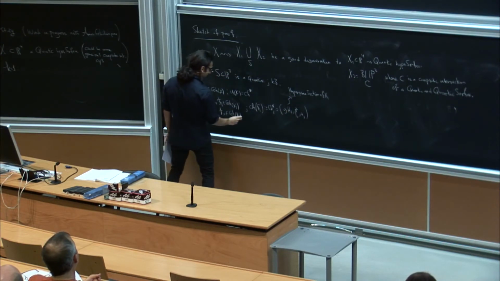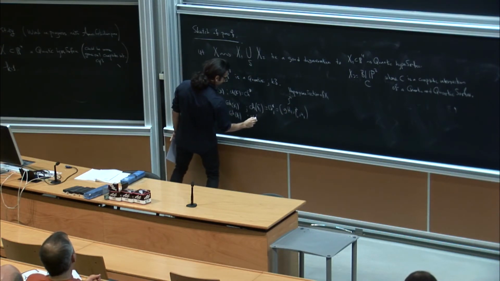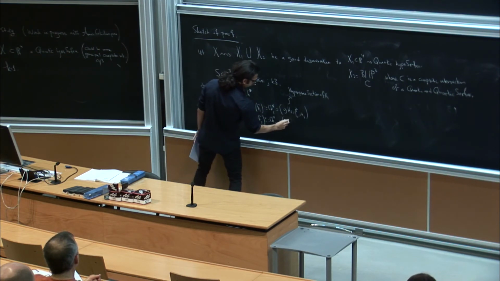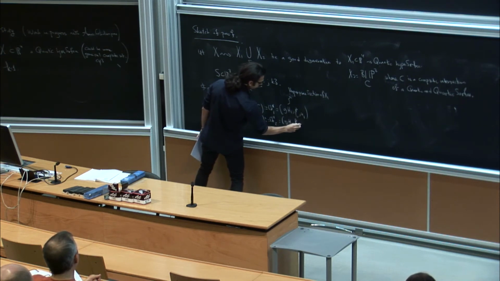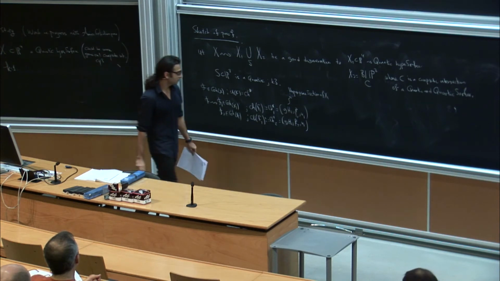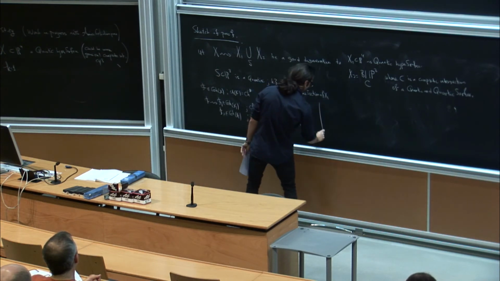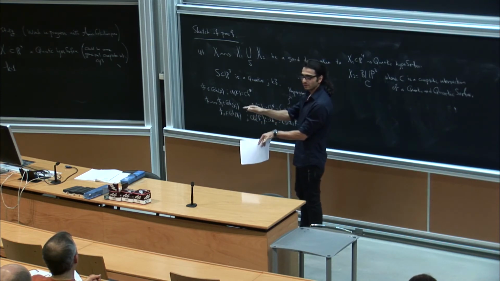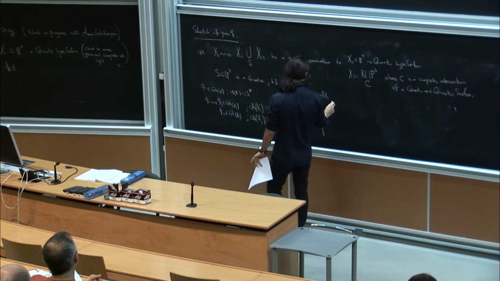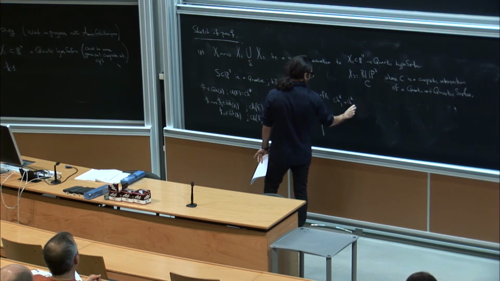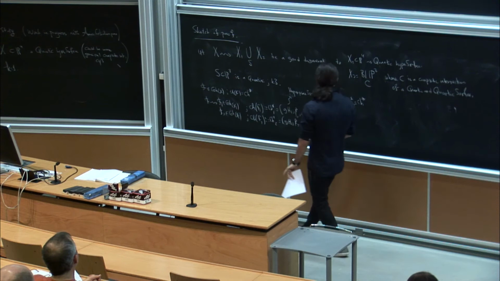Similarly for F2, whose Chern character I'm going to call Chern star 2. There are certain conditions that need to be satisfied. The Chern characters are the way that Chern star breaks into two pieces, so Chern star 1 plus Chern star 2 is the original Chern character.